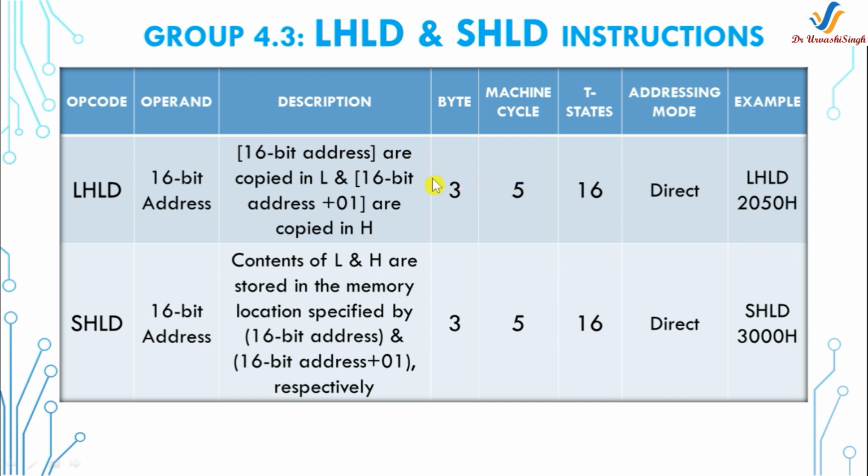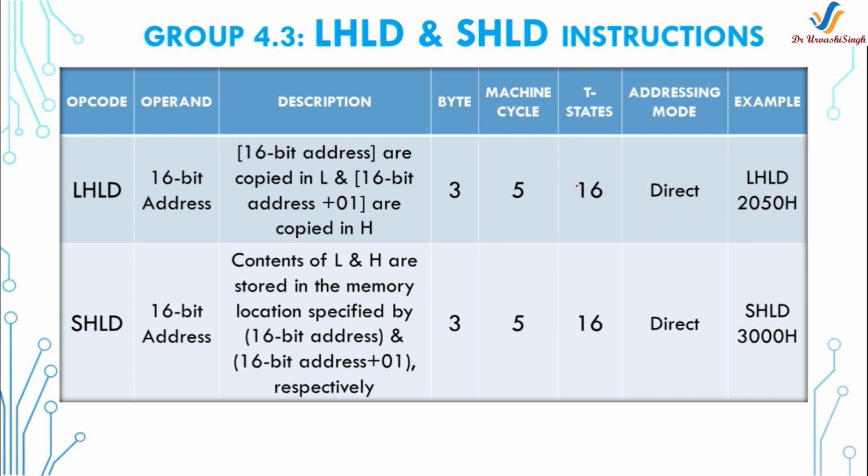But the size of HL register pair is 16-bit and one memory location can occupy maximum 8-bit size of data. Then how is it possible to store the other byte of the data? So let's understand this instruction via example. The example is LHLD 2050 hex. So this is not a 16-bit number, this is an address.